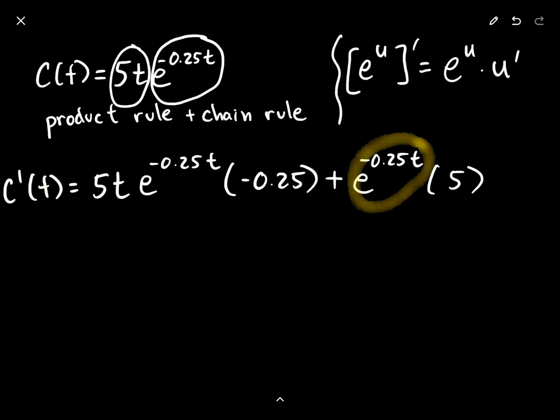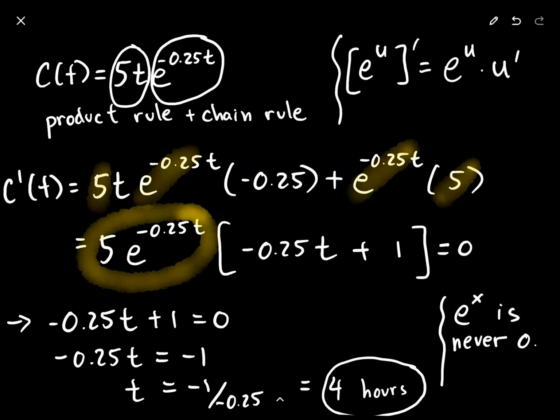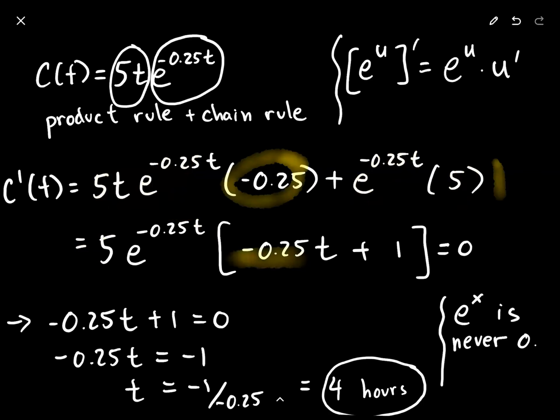Then we have a copy of e^(-0.25t) and the derivative of 5t, which is 5. We can take out the common factors, 5e^(-0.25t). We'll factor it in the front. After we factor, we are left with -0.25t + 1 in the big bracket.